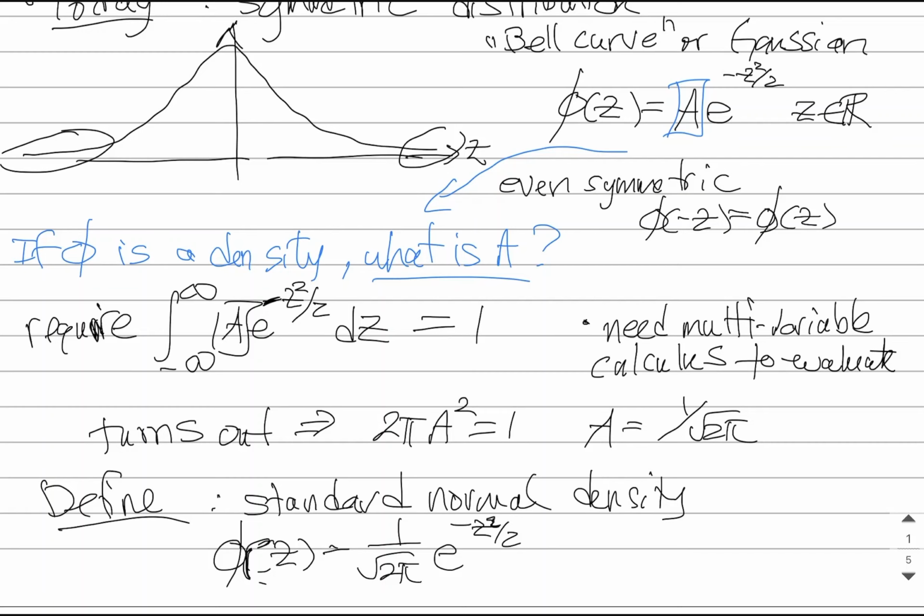Now, if we ever have a continuous random variable that's distributed in this way, we're going to use the following notation. We'll put a capital Z, and we will put N for normal. And for now, we'll put a 0 and 1. And in a moment, I will show you why that is.